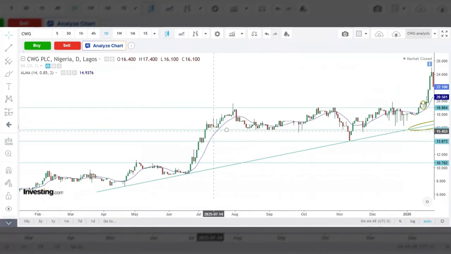You can see it is at this pullback area, and this is actually a support level, and also a good entry spot for anyone that wants to enter the stock. You can see this is the support and this is the resistance level. So I entered at this support level, and then the stock went up.